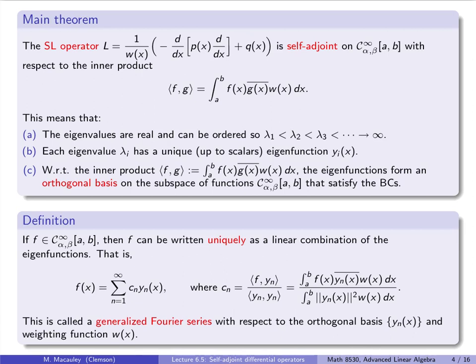This is called a generalized Fourier series with respect to this orthogonal basis of eigenfunctions and weighting function w(x). It is called generalized because the standard example is for a very simple differential equation involving simple harmonic motion, where the eigenfunctions are sines and cosines.